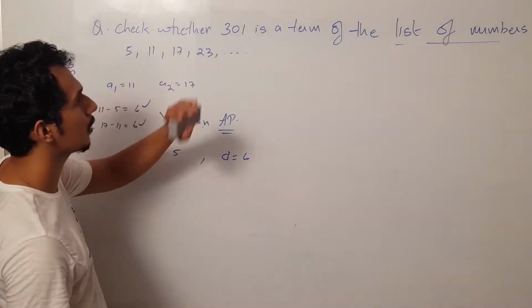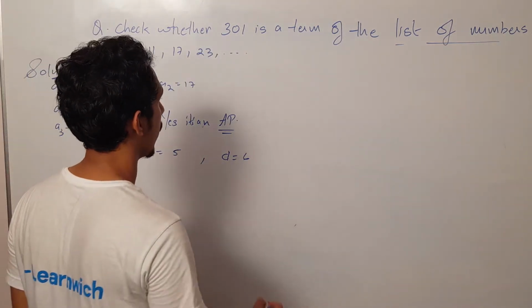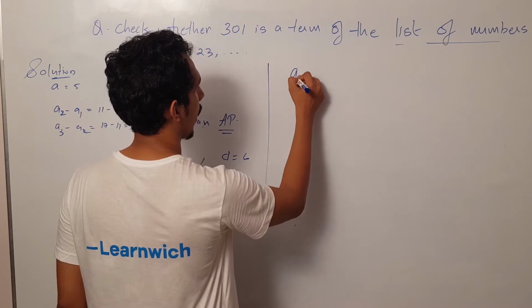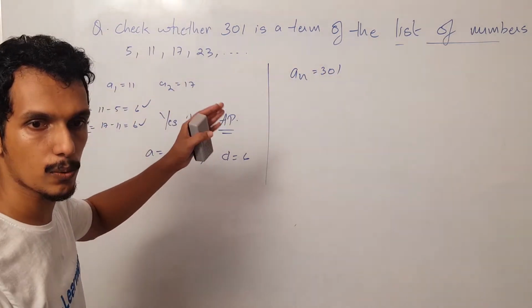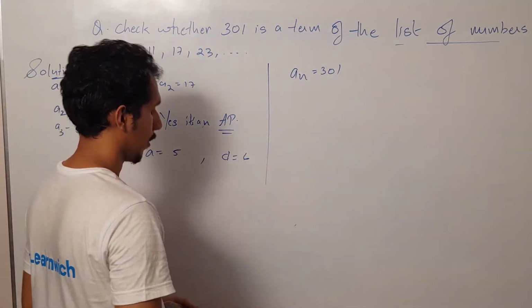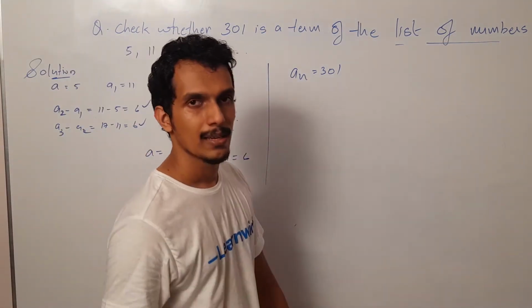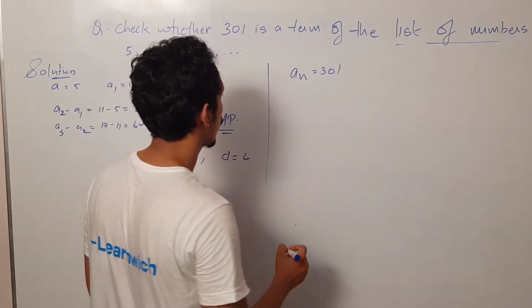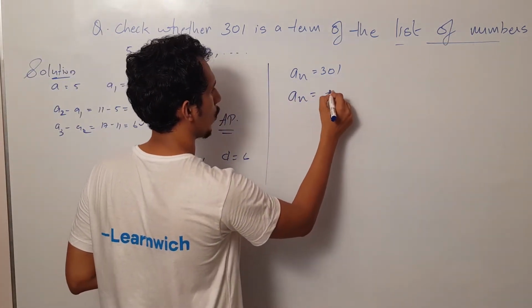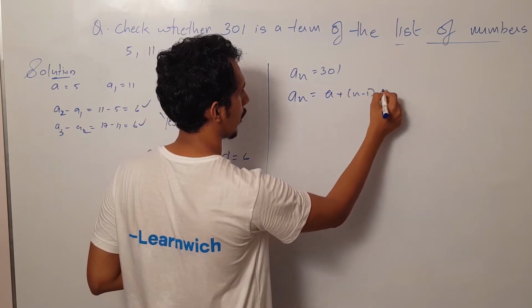We have to check whether 301 is a term. How do I check? I'll put an is equal to 301. That's how I'm going to check it. I'll put an is equal to A plus (n minus 1) into d.